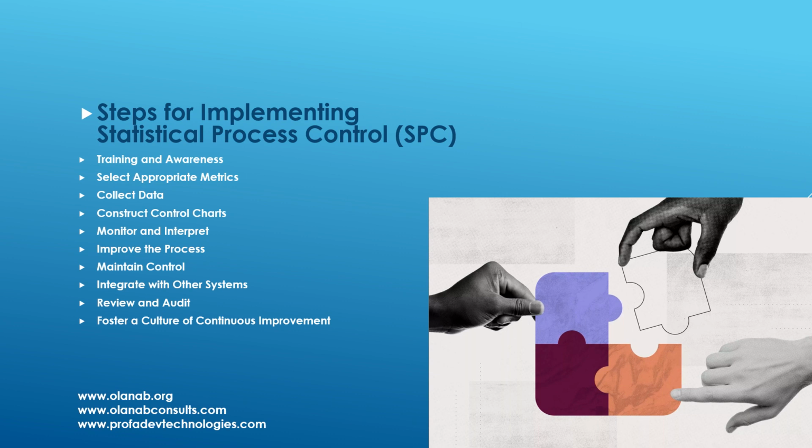The ninth step is review and audit. Regularly review SPC processes and results. Audit the SPC system to ensure adherence to standards and protocols. Make necessary adjustments based on audits and reviews.